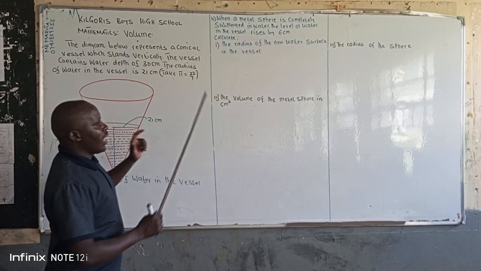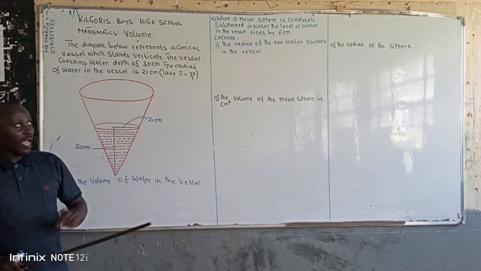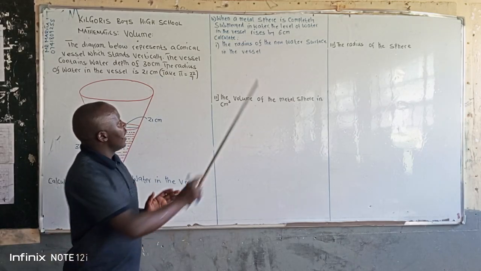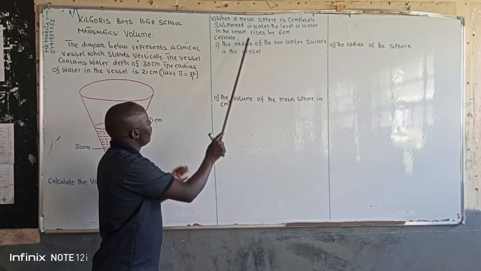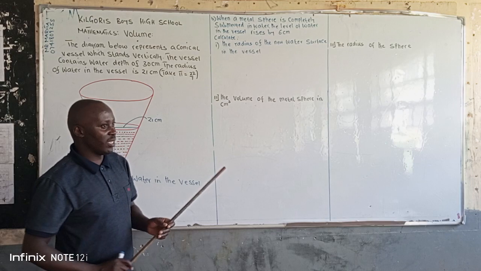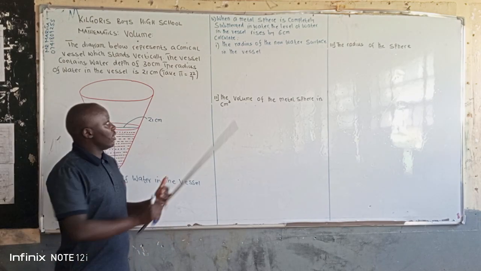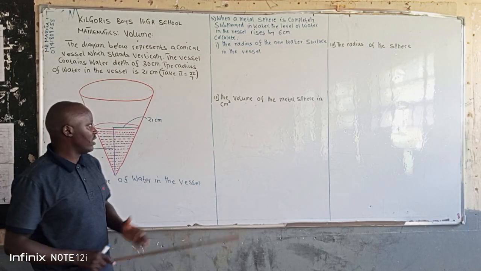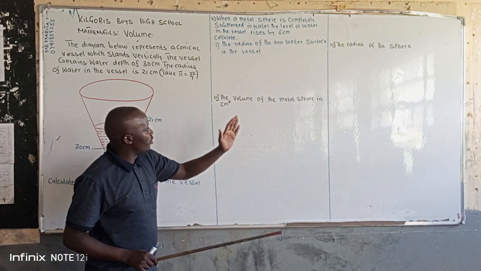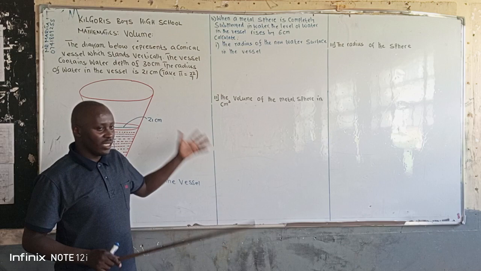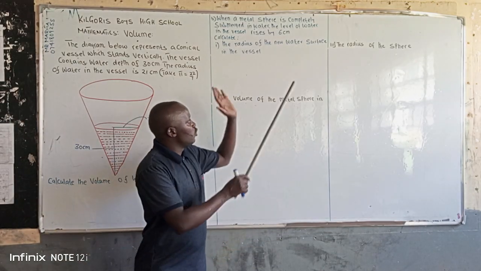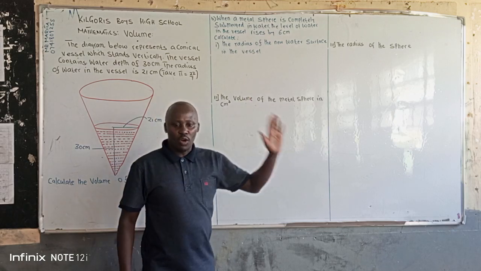Then, when a metal sphere is completely submerged in water, the level of water in the facet rises by 6 centimeters. In that case, we are supposed to calculate the radius of the water surface in the facet, then find the volume of that sphere which has been submerged in the facet, and finally find the radius of the sphere.